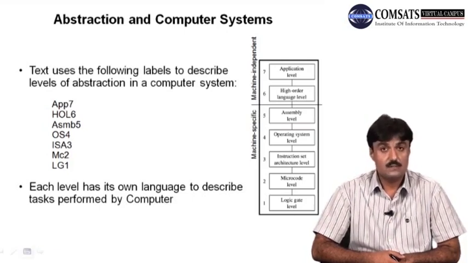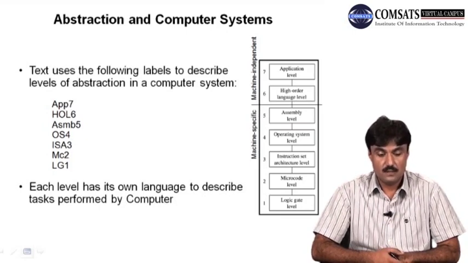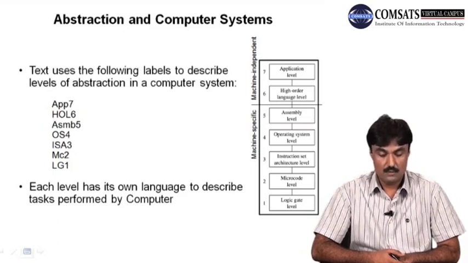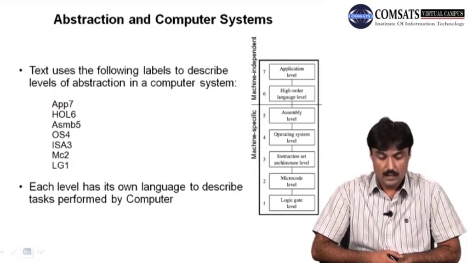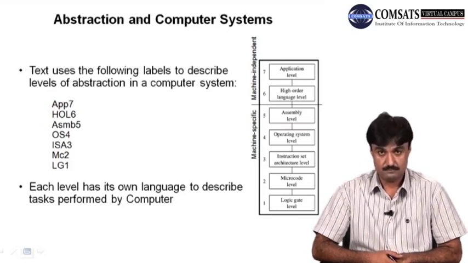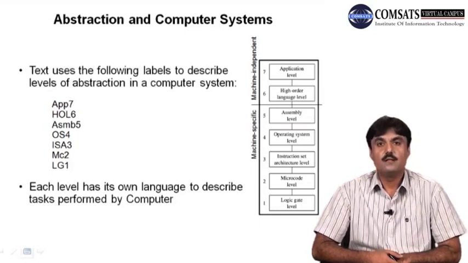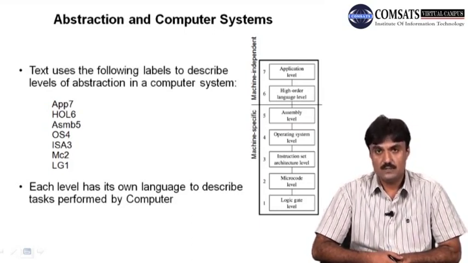These levels can be represented with labels like AP 7, HOL higher order language 6, assembly ASMB 5, OS 4, ISA 3, MC or microcode level 2, and logic at level 1. Each level has its own language to describe tasks performed by a computer. As in the previous slide, we discussed that we have to understand all these levels to effectively instruct the computer to perform tasks.